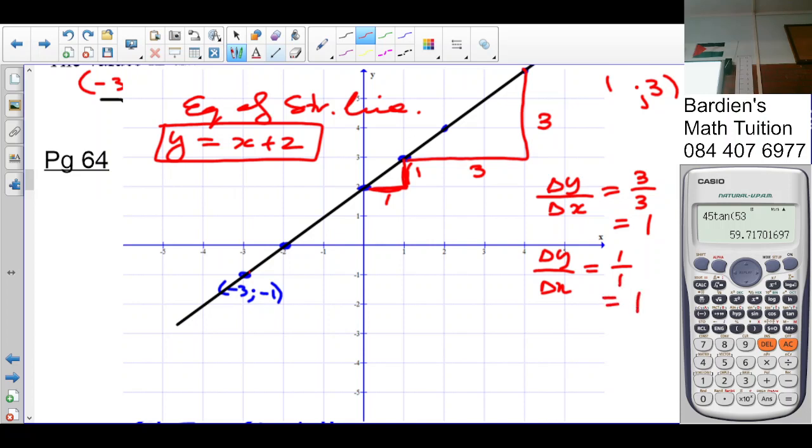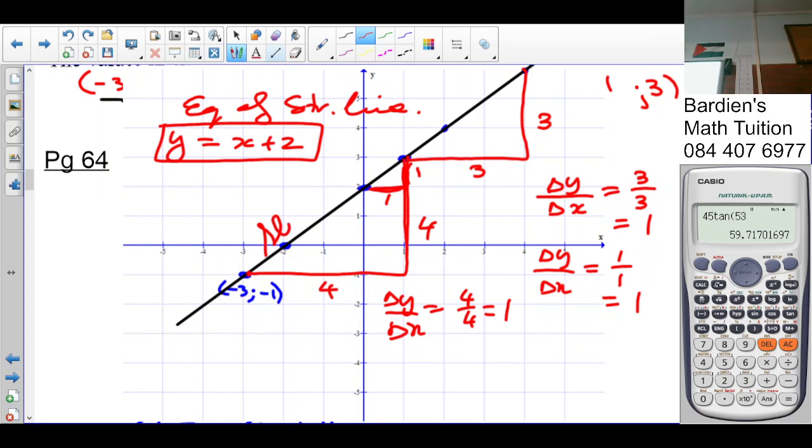If I look from this point here to that point there, what's my change in y here? 4. And here? 4. So the change in y over change in x is going to be 4 over 4, which is 1. So this is known as a slope of a graph.